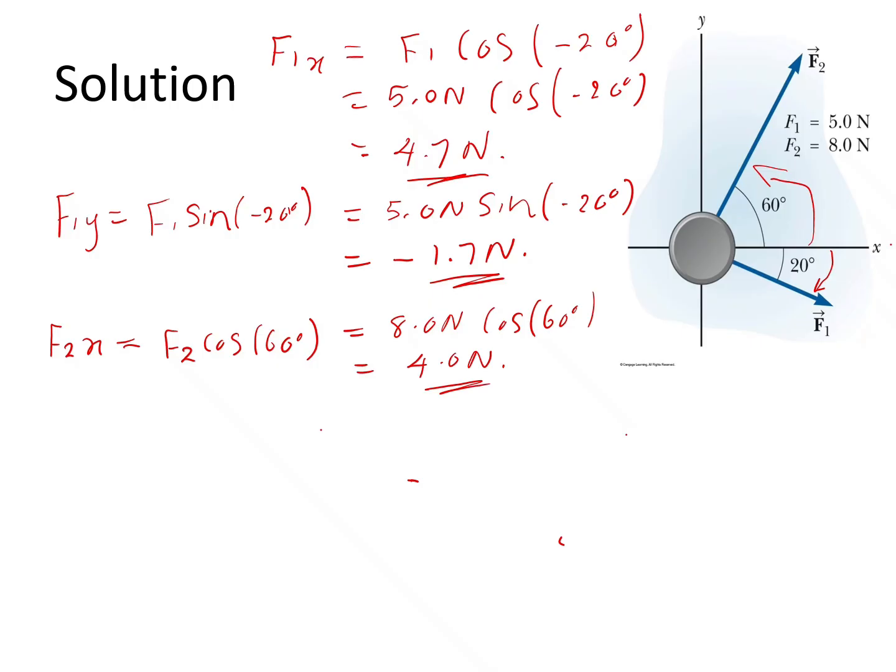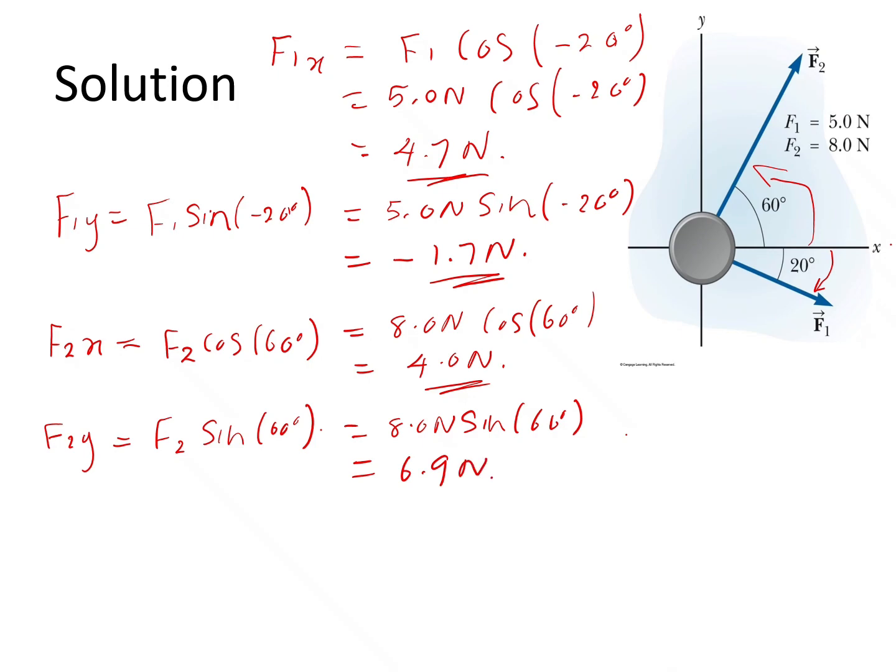And then F2y is equal to F2 sine 60, and that is 8 newtons sine 60, equal to 6.9 newtons.